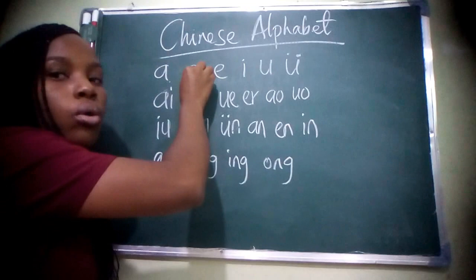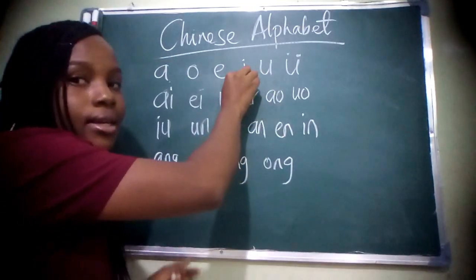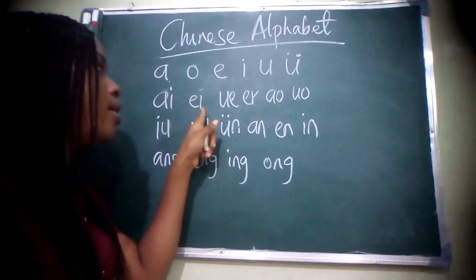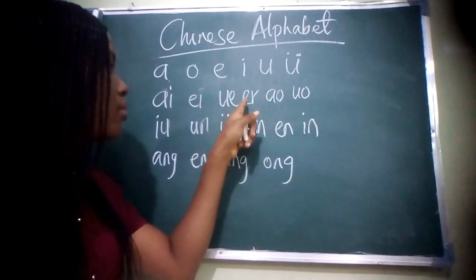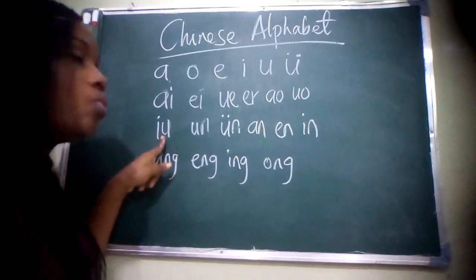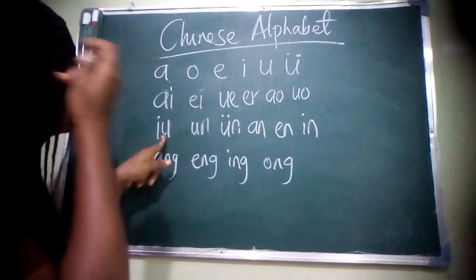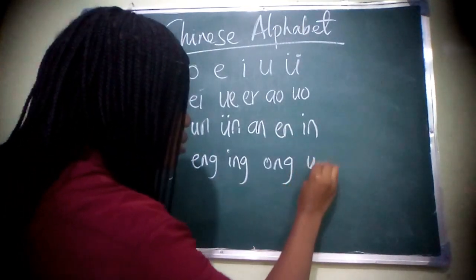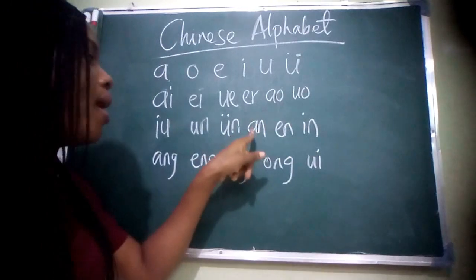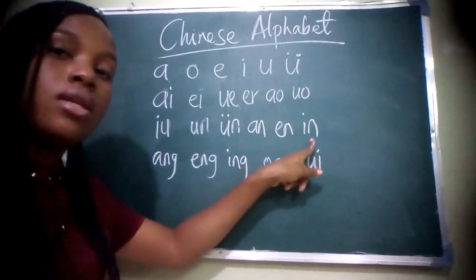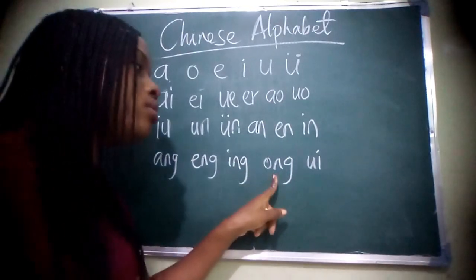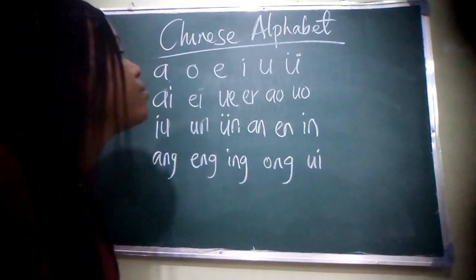A, o, e, i, u, ai, ao, ou, wo, wei, you, yuan, yun, an, in, ang, ing, ong, yue. Okay, I'll pronounce them again.